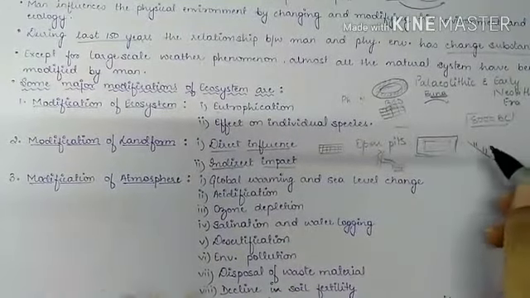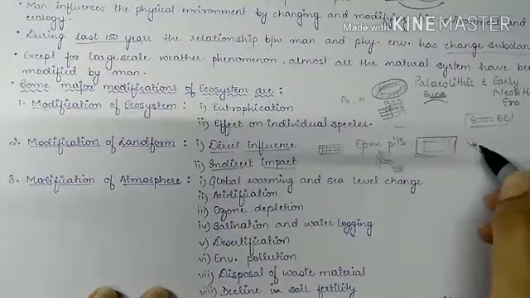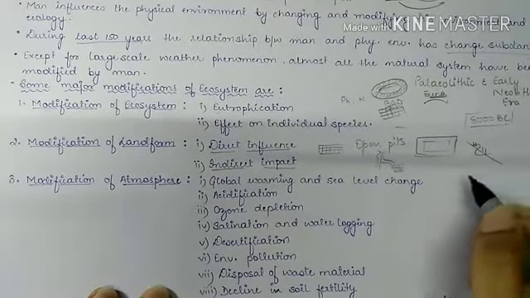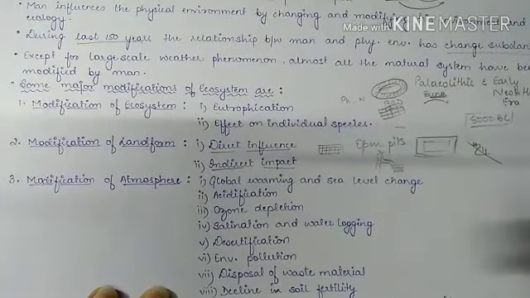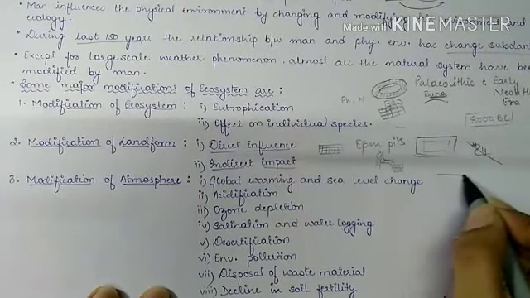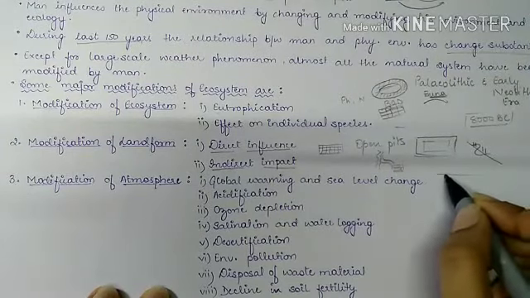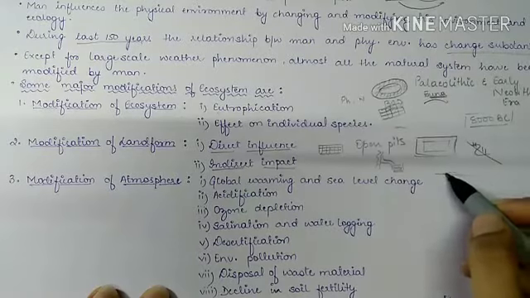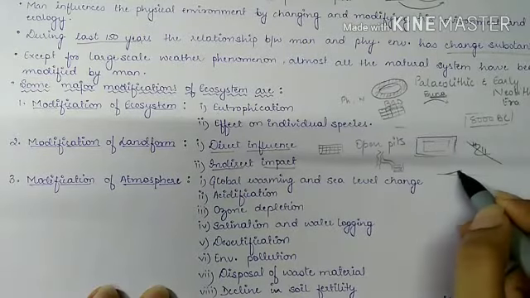Okay, so because of trees, the pace of movement of water is slowed down. So because the pace of water movement is slowed, the water is not able to erode as much land as it was able to erode when the land is clear.